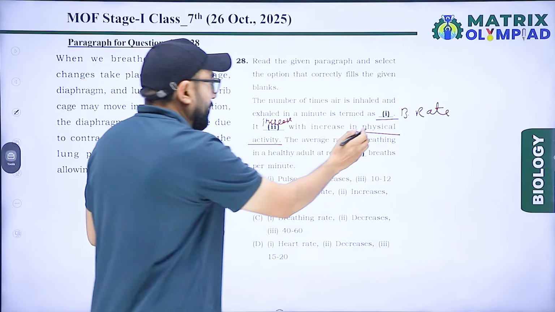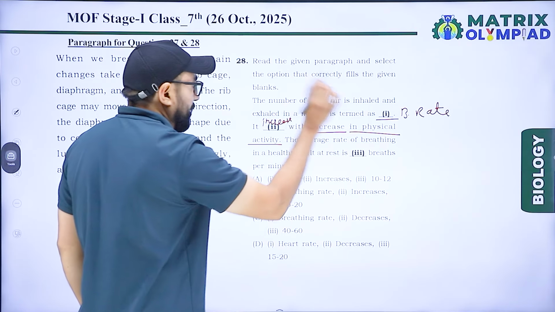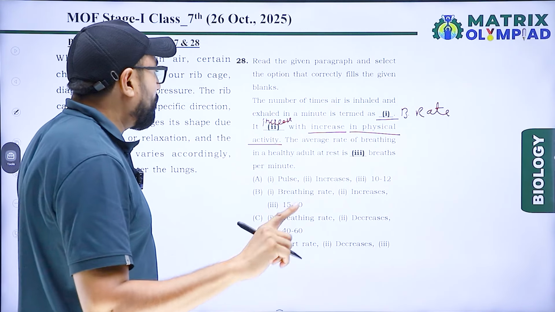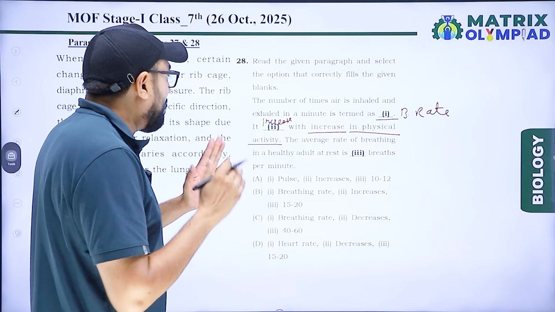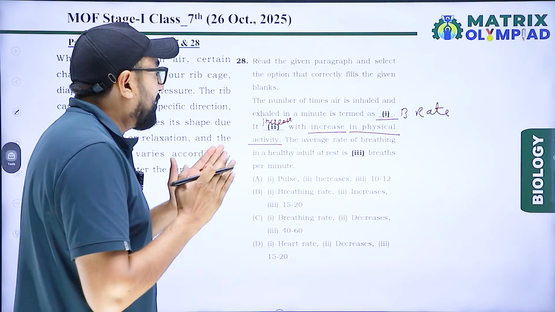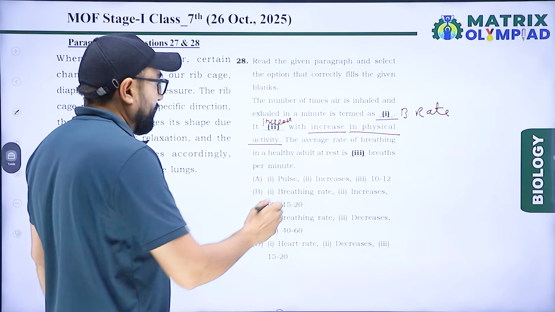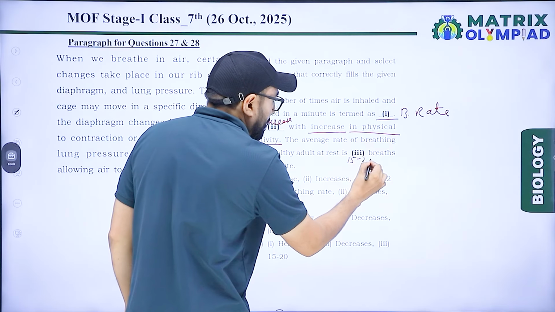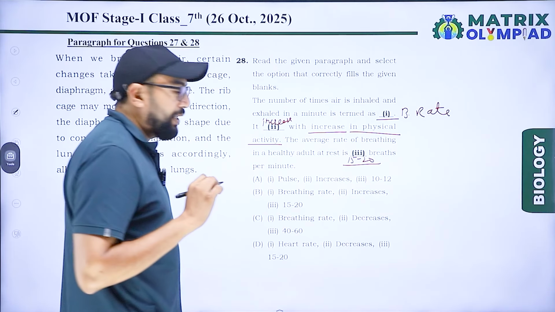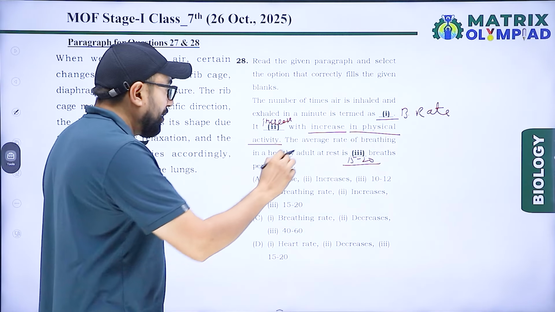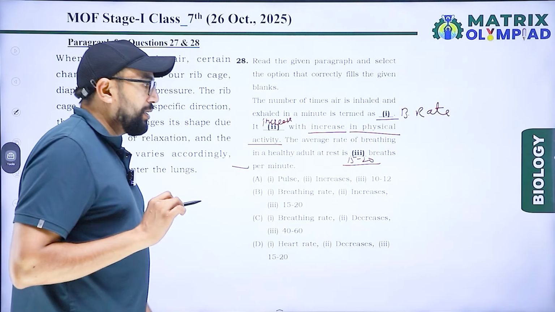In this case, the breathing rate increases. The average rate of breathing in a healthy adult at rest is 15 to 20 breaths per minute.